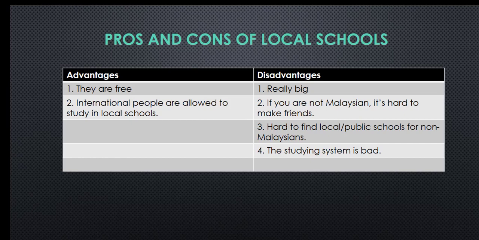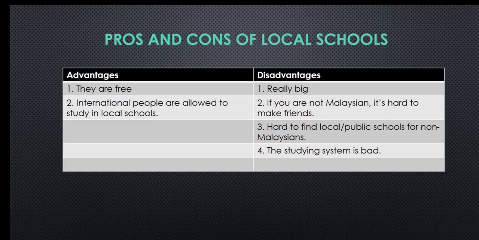So that's what I experienced, and most of the time Malaysian kids don't like to be friends with non-Malaysians. I don't know why. I used to get bullied a lot because of that, but of course it's all in the past now.